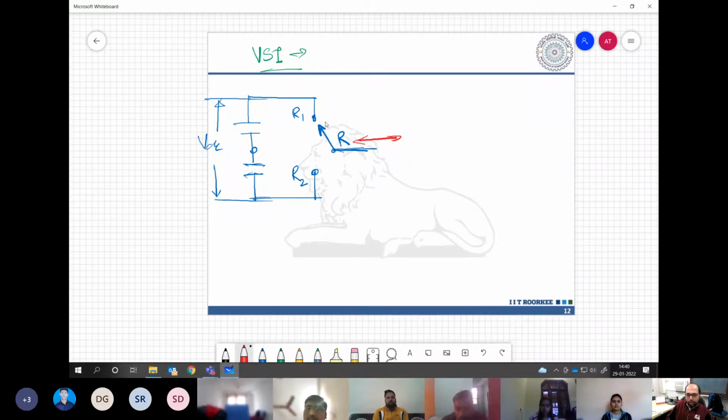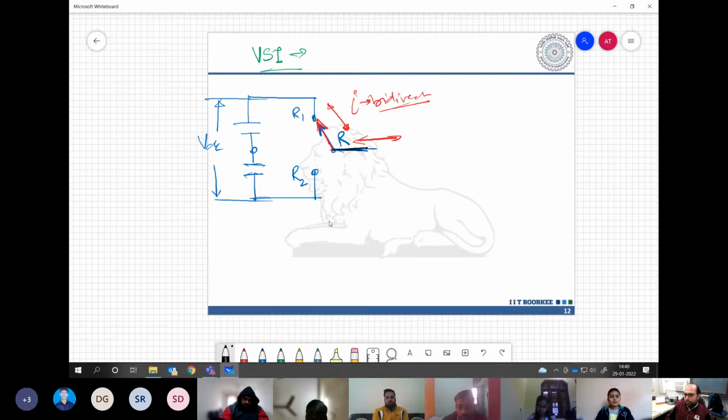Yes. Two options are there for R. Now let us say when we are connecting R to R1, what we want from RR1 is that the direction of current can be bidirectional. So I is bidirectional. And about RR2, what is the polarity of voltage which it is blocking? So when R is connected to R1, what is the potential at this point? Plus on R and minus on R2.